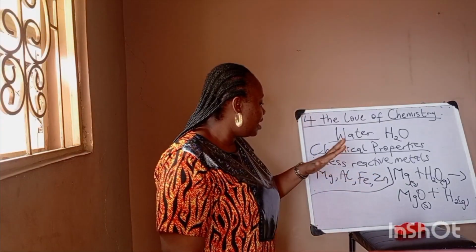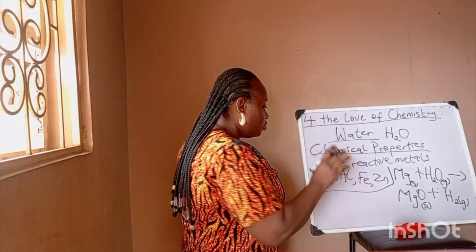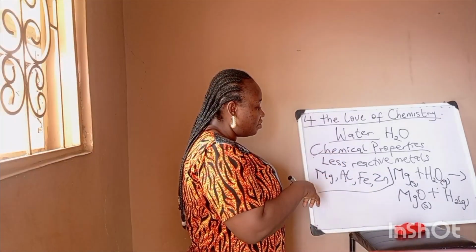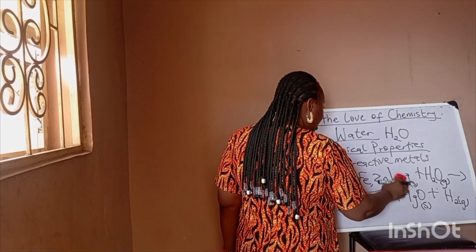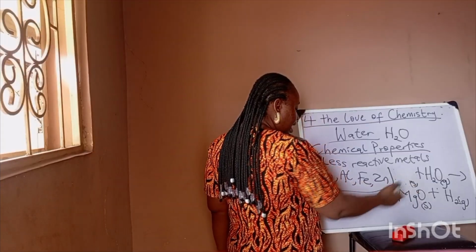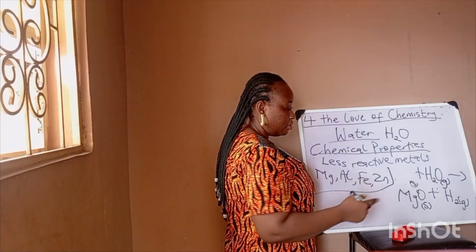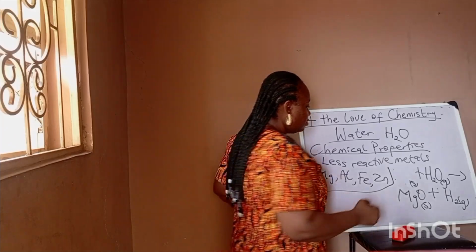So in the same vein, all these other ones also react to yield the oxide of the metal and liberate hydrogen. So let's look at something like aluminium. Zinc will look like this, because zinc also uses a valency of 2. So I won't be writing that of zinc. So let's look at aluminium.